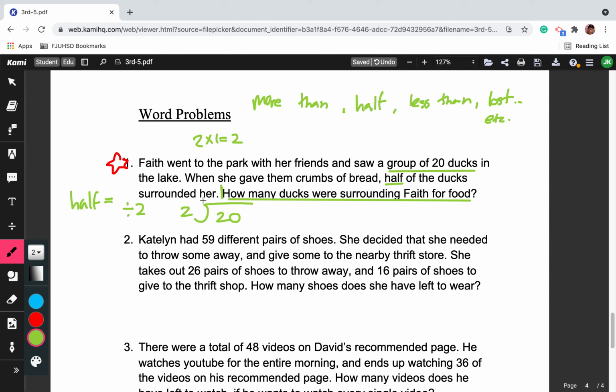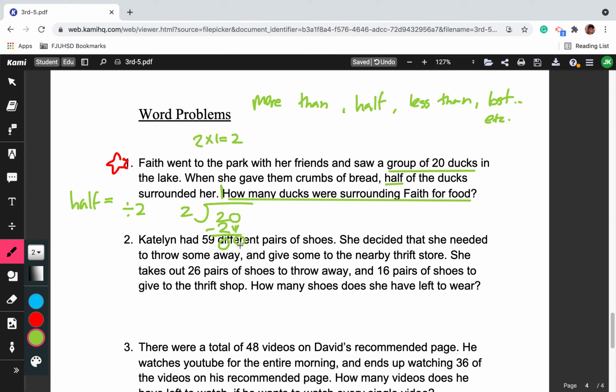So if you subtract from the product, 2 times 1 is 2. 2 minus 2 is 0. You think we're done, but no, we have to drag the other number down.